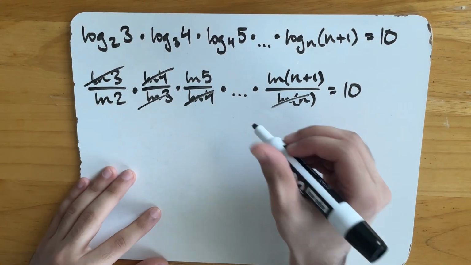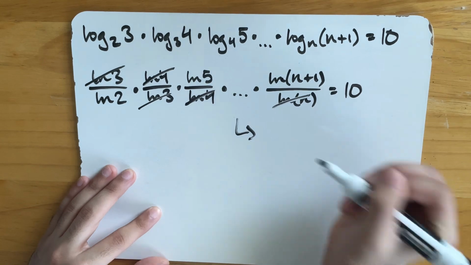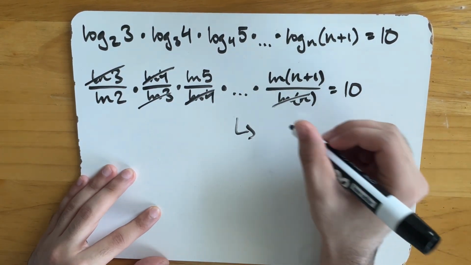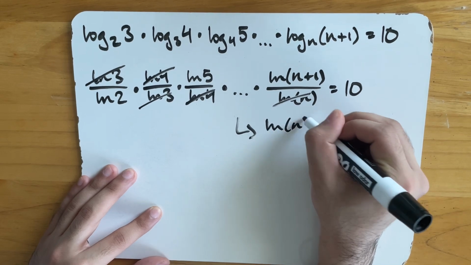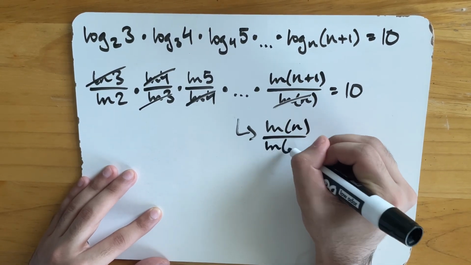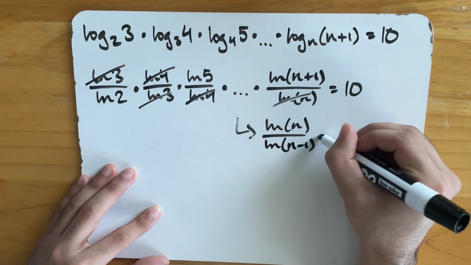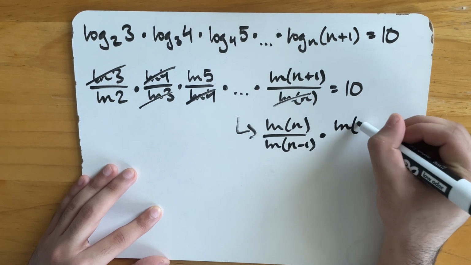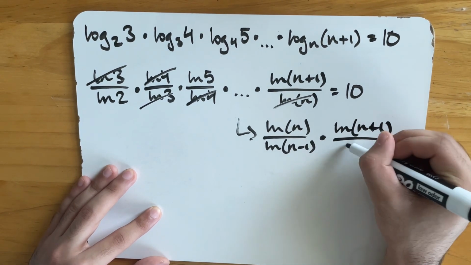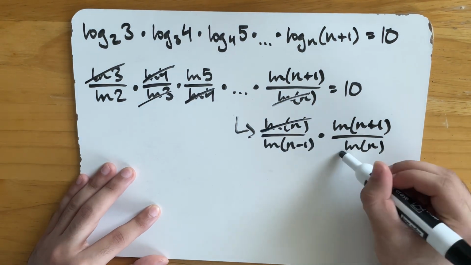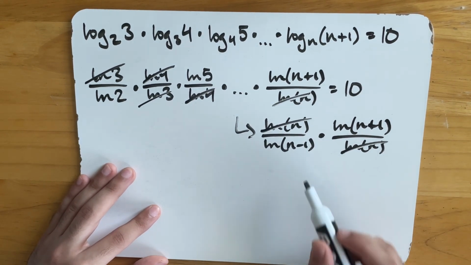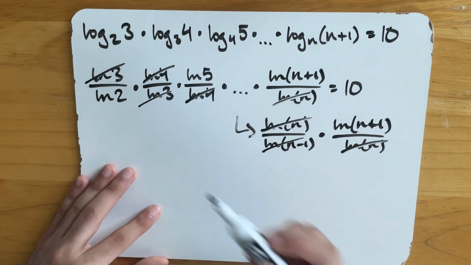Actually, I could explain this a much better way. I could just rewrite the term before it. The term before would have been ln of n over ln of n minus 1, times ln of n plus 1 over ln of n. Then you'd see that the numerator here and the denominator here would cancel, and the cancellation would have kept going all the way up to here.